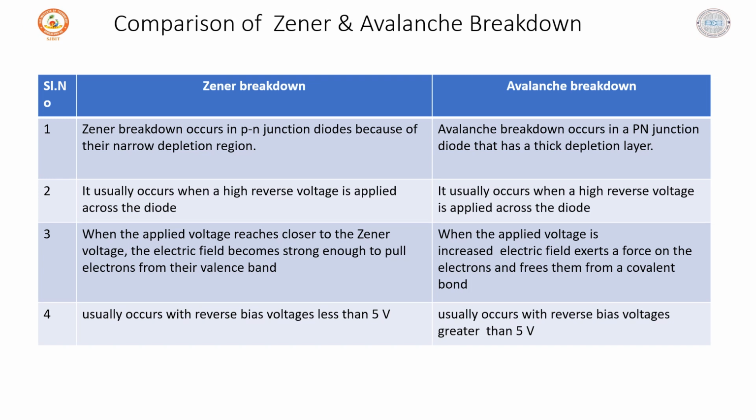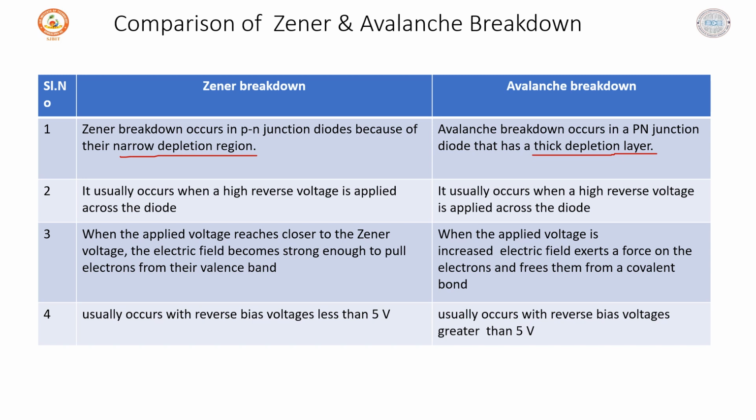Now coming to the comparison between the avalanche breakdown and the zener breakdown in brief. The zener breakdown occurs in PN junction diodes because of their narrow depletion region. Whereas an avalanche breakdown will occur in a PN junction diode due to a thick depletion layer.